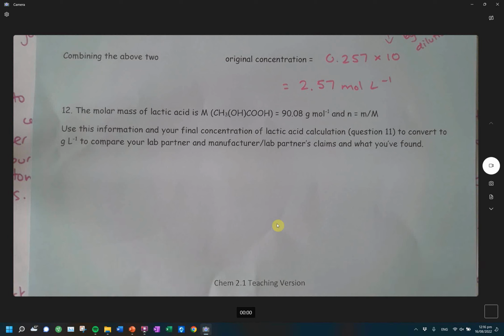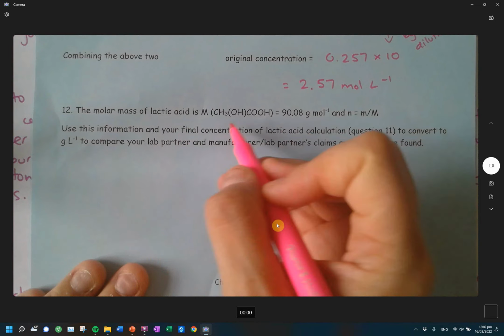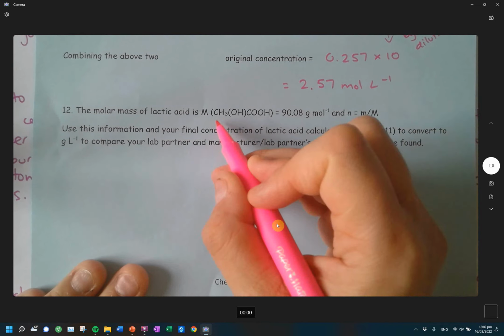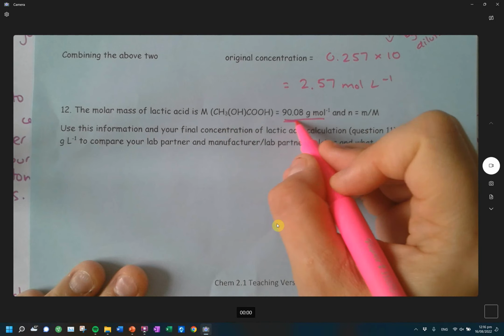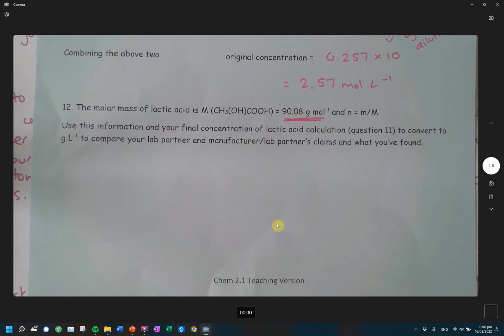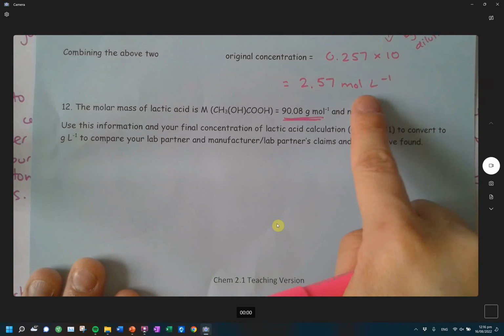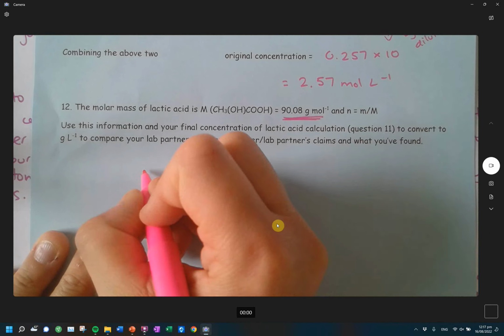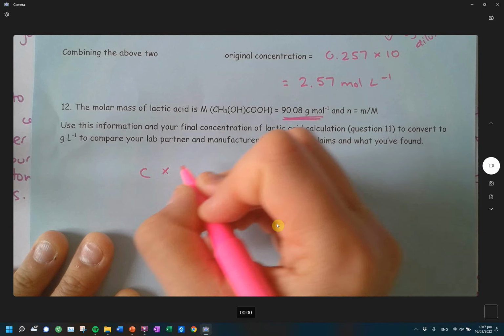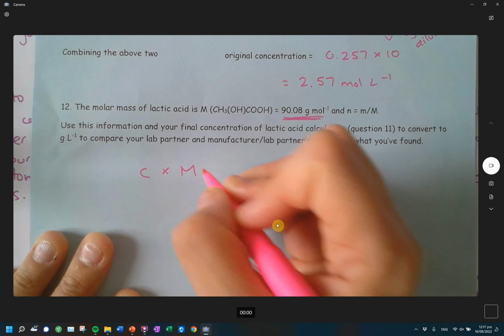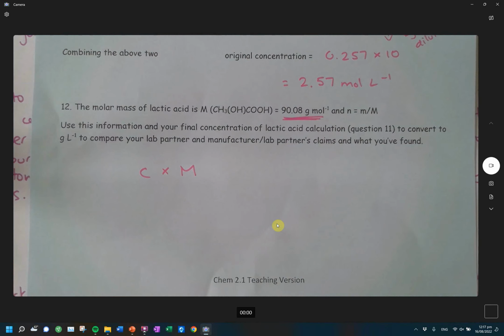Okay, last step then is I need to convert from moles per liter back to grams per liter. So I've been given the molar mass of my lactic acid, which is this number here. The way we're going to do that is we are going to take our answer here, our concentration, and multiply it by the big M, and that's going to give us an answer in grams per liter.